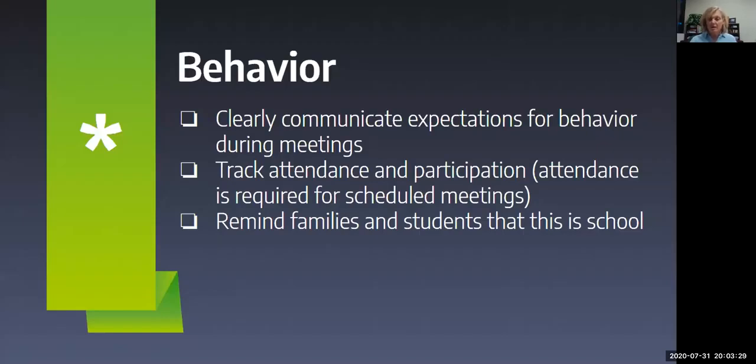This is not optional. We do need to see our students there. We do need to have them participate in the live instruction that will be happening. And we want to remind all of us, families and students, that this is school. This is what school will be looking like for the time that we're in distance learning.